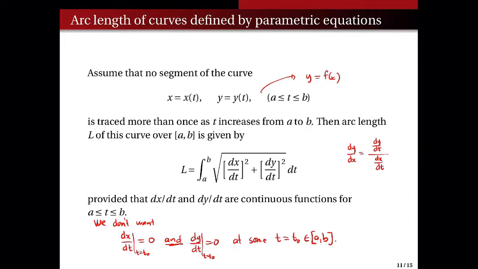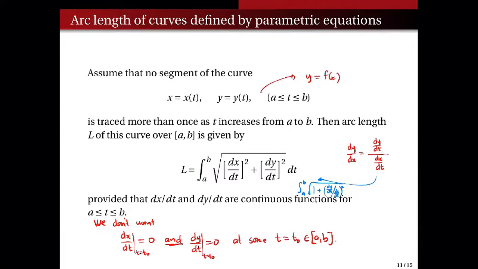If you implement it here, you will see that you will have the integral from a to b of the square root of 1 plus dy over dt over dx over dt quantity squared.